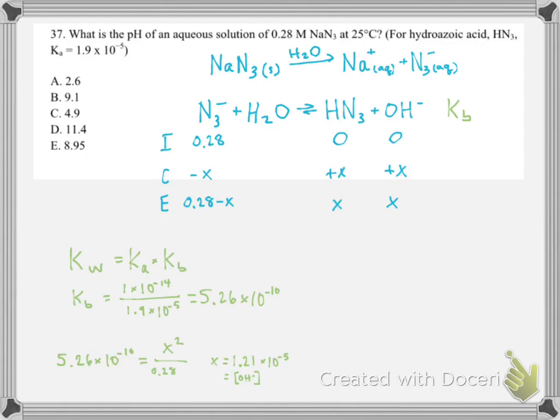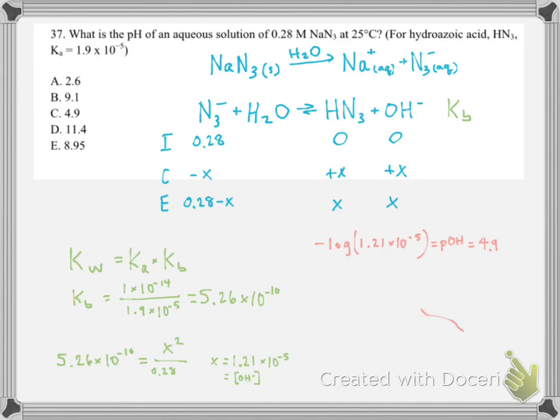Okay, so then we can take the negative log of that value. And that will give us pOH, which is equal to 4.9.